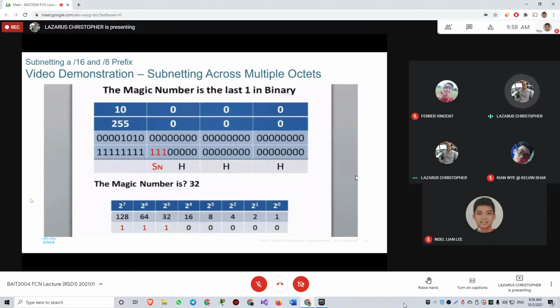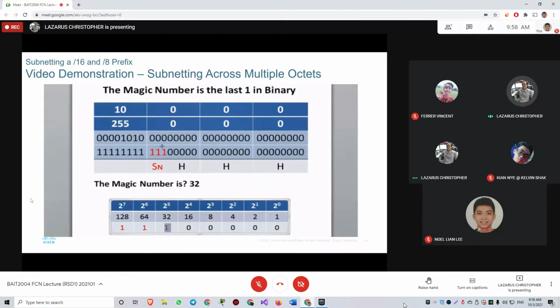This time we have a 10.0.0.0 network address and a classful Class A subnet mask, and we're going to subnet it. So we've taken the 8 bits and borrowed 3 bits, and now we have a /11 subnet mask. The last one in the subnet mask is still in the 32's place.